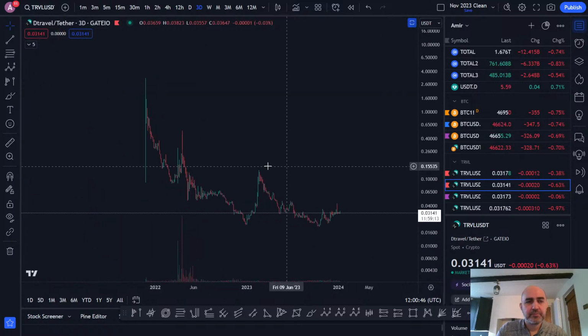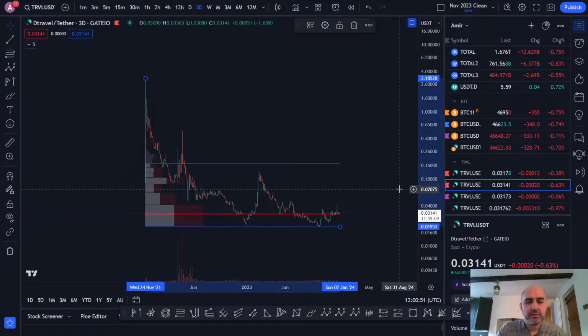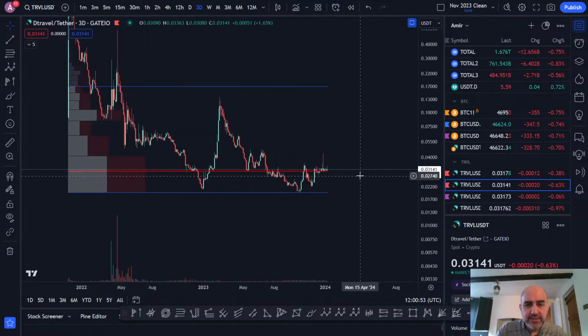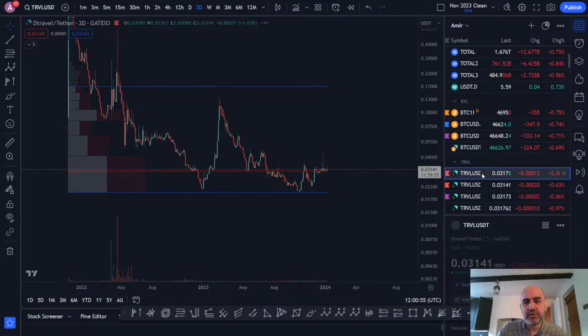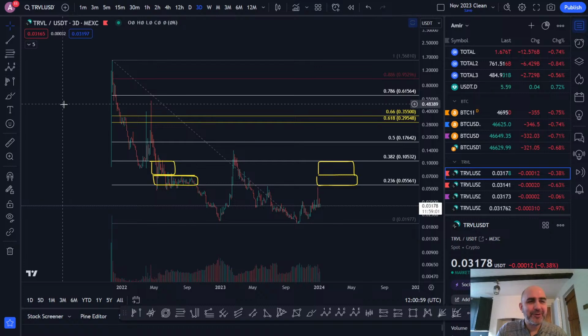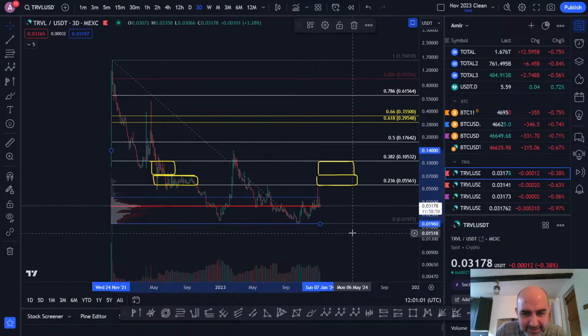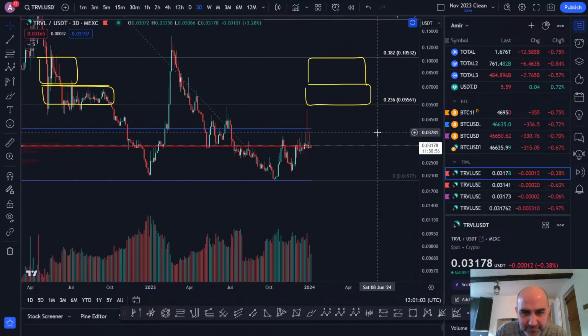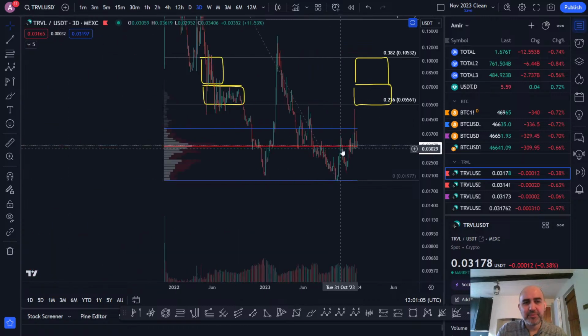Let's see. On Gate, we're just above the point of control. Oh, this is the chart where I do most of my analysis, and here we're just underneath the point of control.